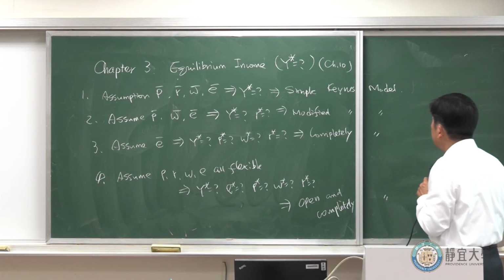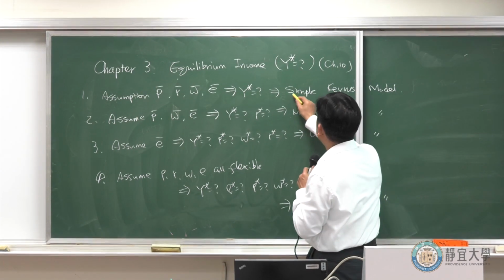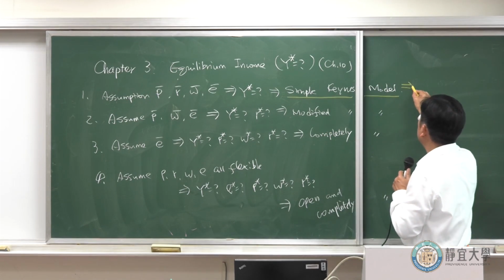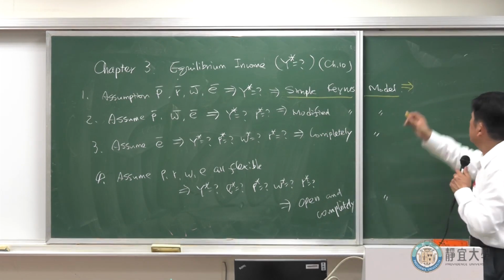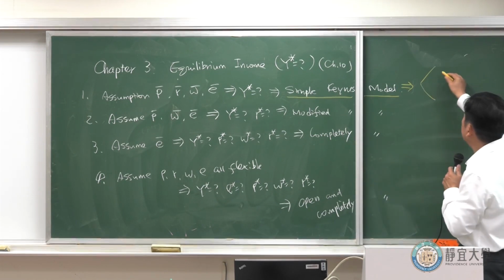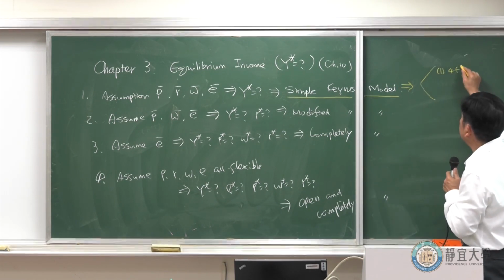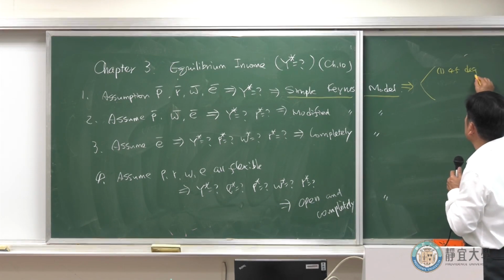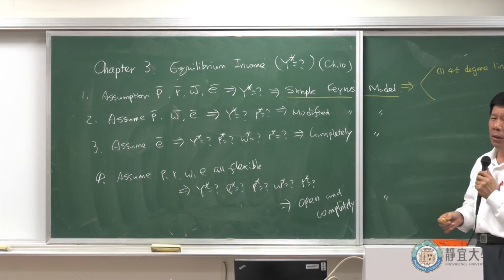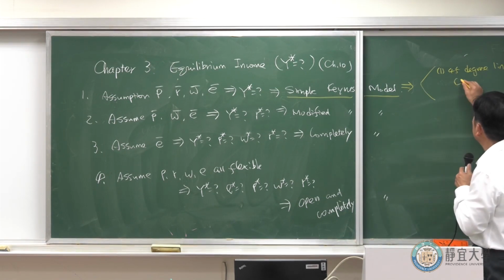If we consider this simple model, we can use two different analyses. One is called the 45 degree line, which we also call cross analysis.